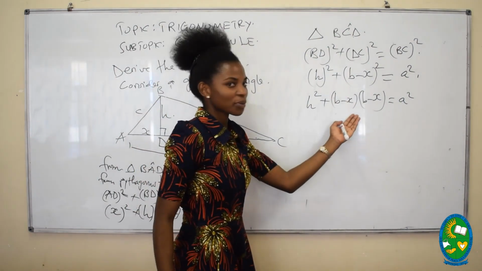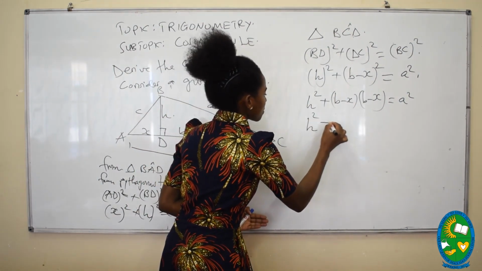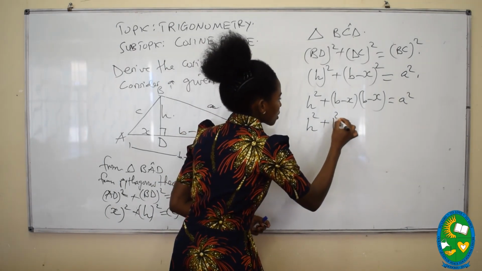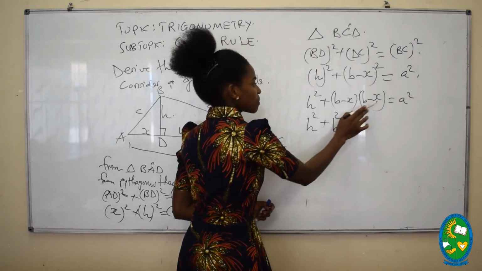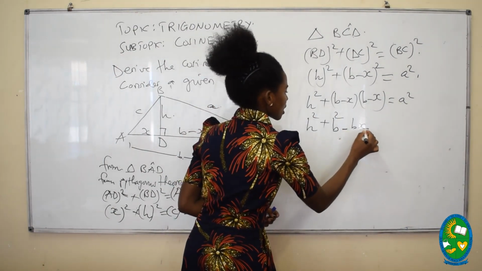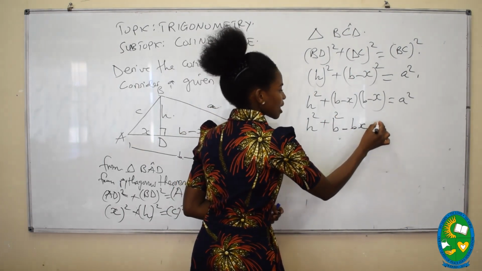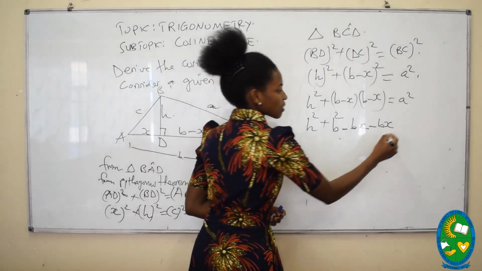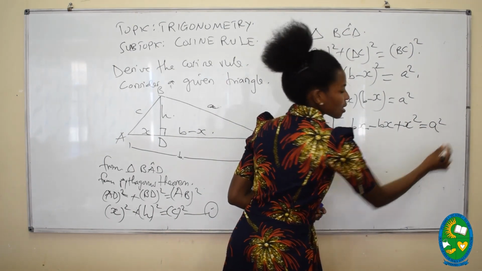We expand this: b times b equals b square; minus b times x, we have minus bx; also negative x times b, we have minus bx; also negative x times negative x, we have x square, equals a square.